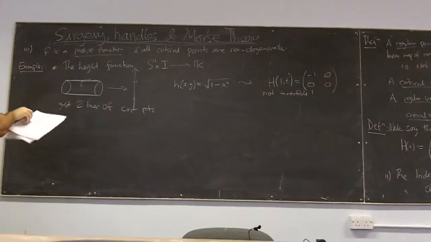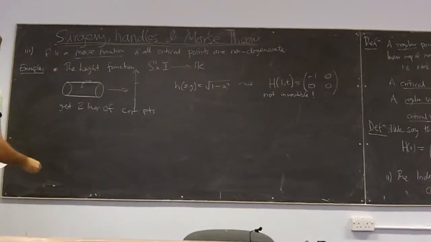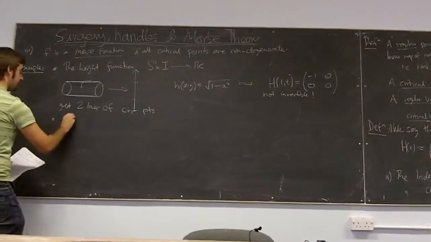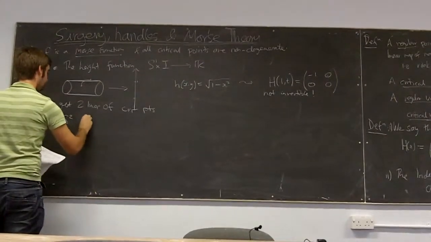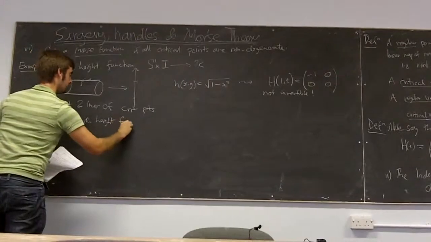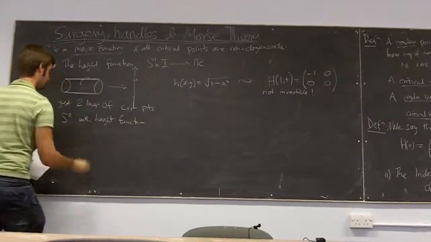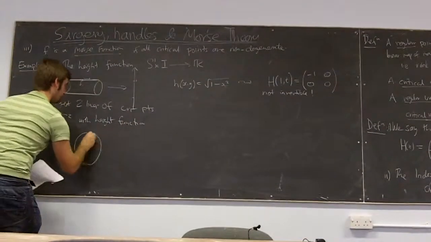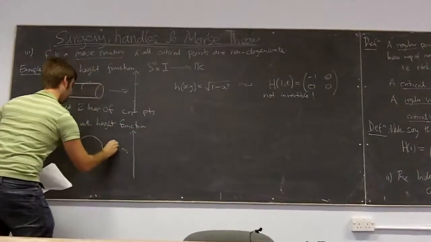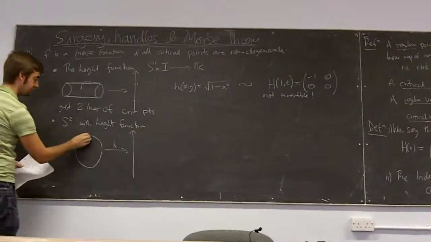Okay. Second example, almost the same, just the sphere with a height function. This time we get a Morse function, and we have two critical points.